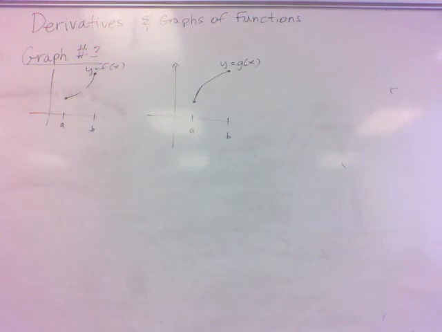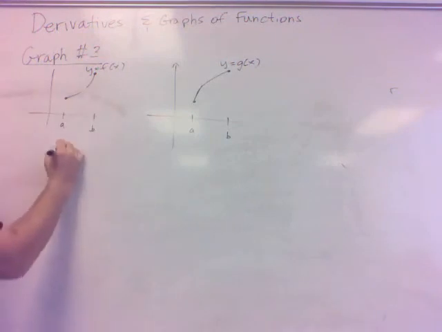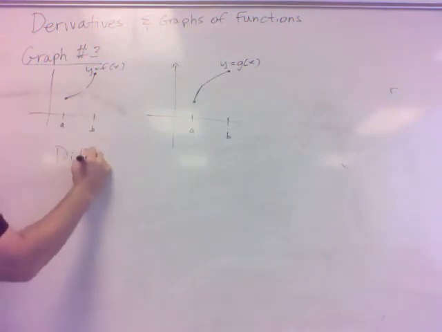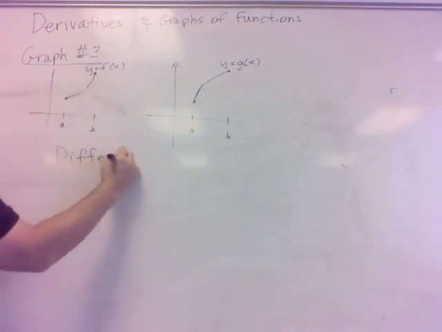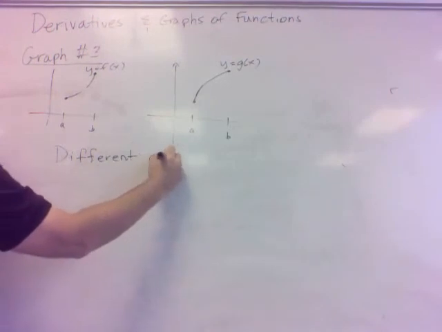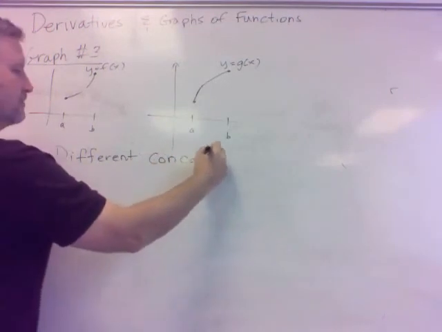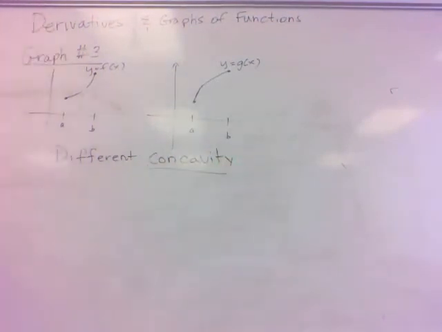Turns out, the difference between these is the concavity. These graphs have different concavity. They're both increasing, but they have different, what's called concavity. This one's concave up.